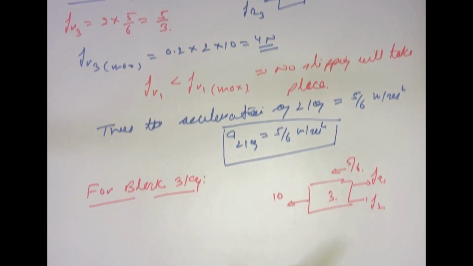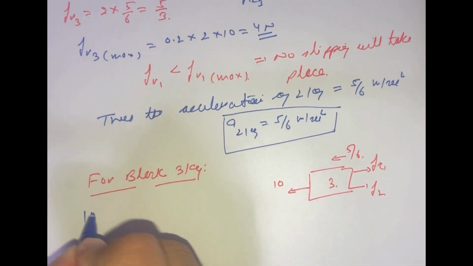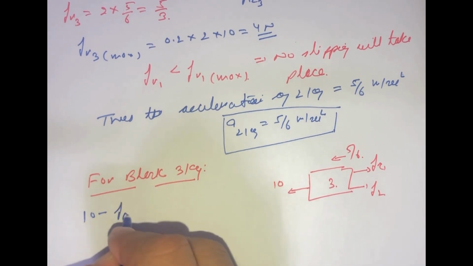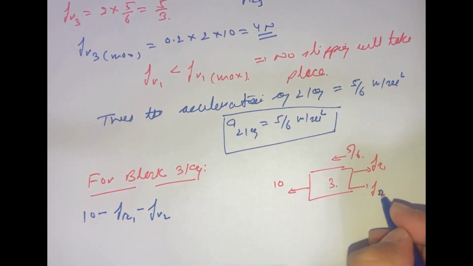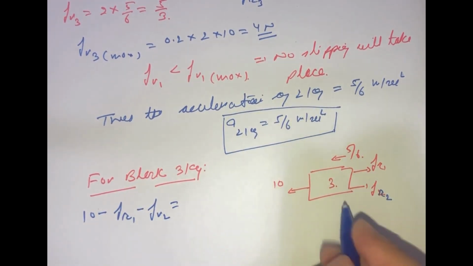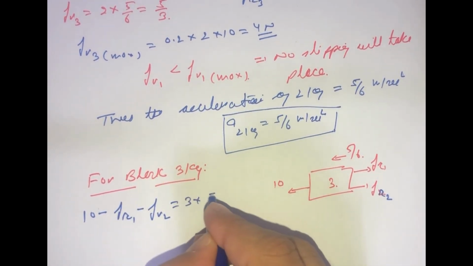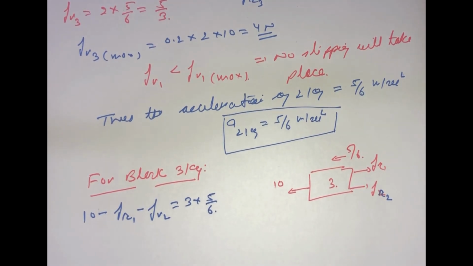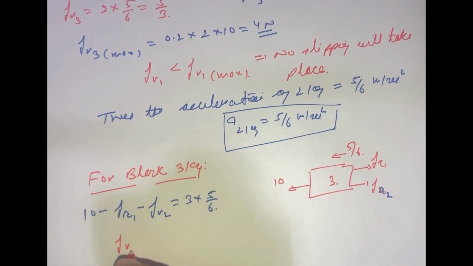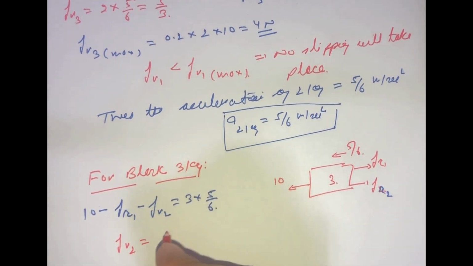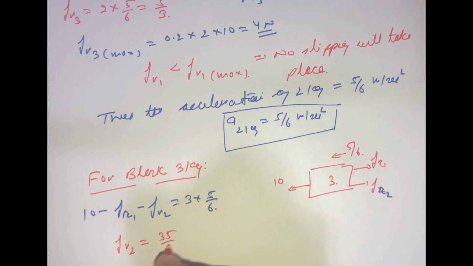So from here we can say that 10 minus FR1 minus FR2 will be equal to 3 into 5 by 6. Okay, so we can find out our FR2 will be equal to 35/6.